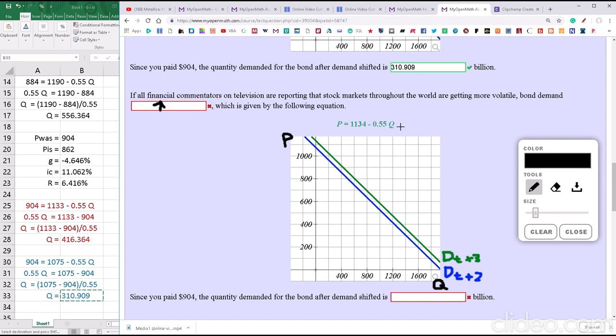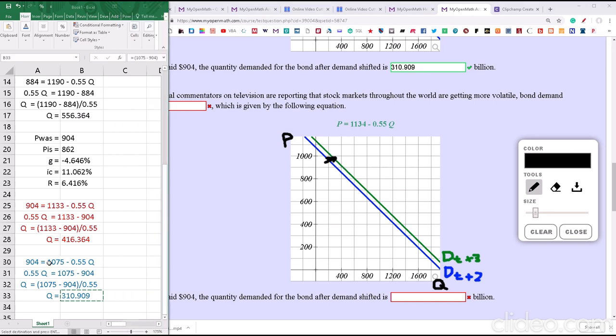Bond demand is going to increase. Right? And this curve, this green equation goes with this green line. So we know that bond demand increased. That's an arrow. Bond demand increased, from the blue to the green. So I'm going to go back over to Excel.